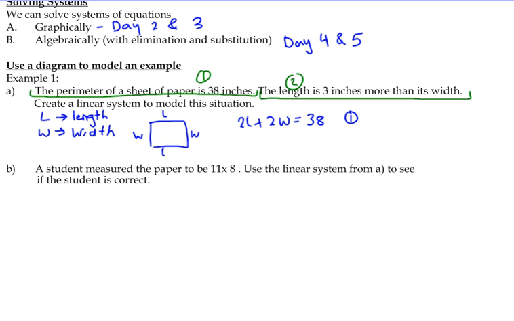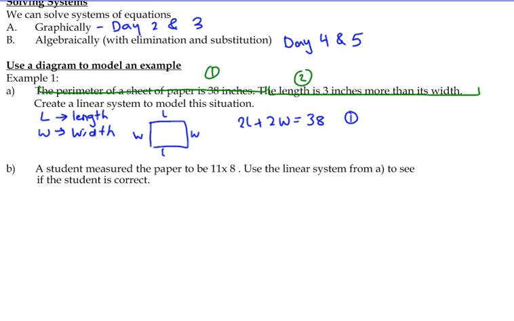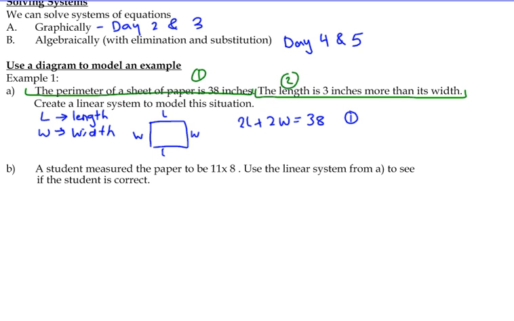Okay, second equation. The length is 3 more inches than its width. Now let's break this down. What do we choose to represent the length? L. The L is our length. Does anyone remember what "is" stands for in that chart? Equal to. The length is equal to. 3 more than.